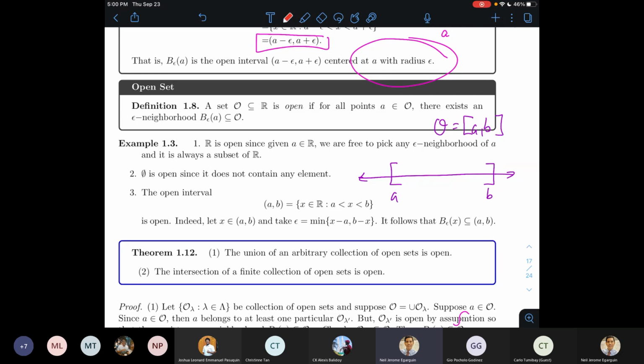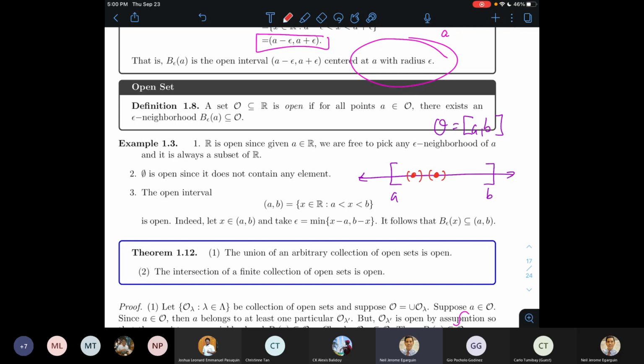Pero I mean, if I take this as my test point, meron akong makukuhang epsilon neighborhood. Pero ang usapan, I should be able to do this for all members of the set O. Pero yung set O ko dito ay closed interval AB. Ibig sabihin, kasama si A at kasama si B.